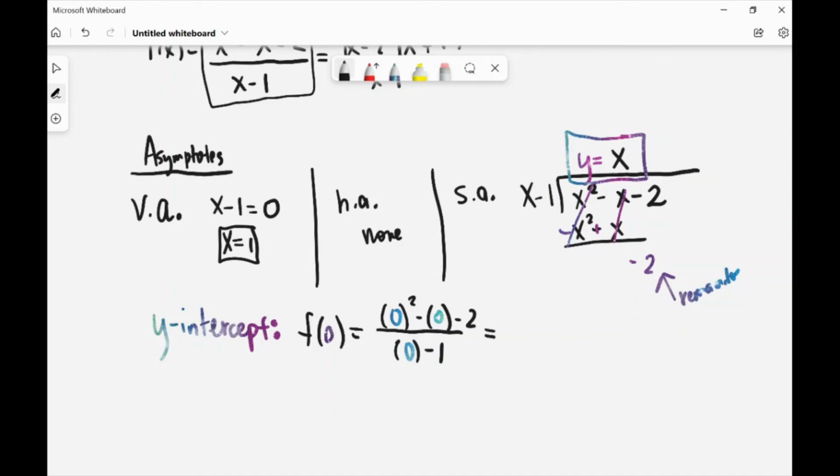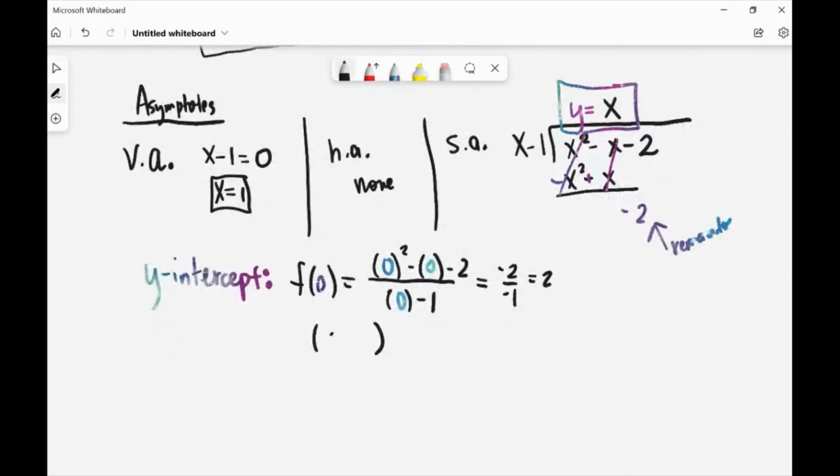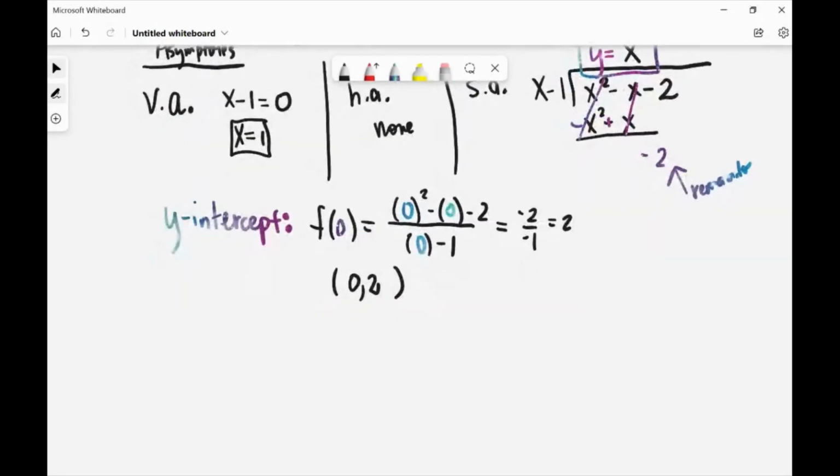I got 2. So you got -2 over -1, which is 2. So the y-intercept is, how do you write that as a point? 0, 2. So this graph is going to cross the y-axis at the point 0, 2.